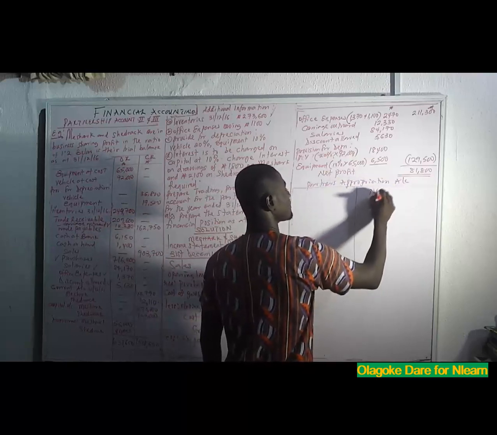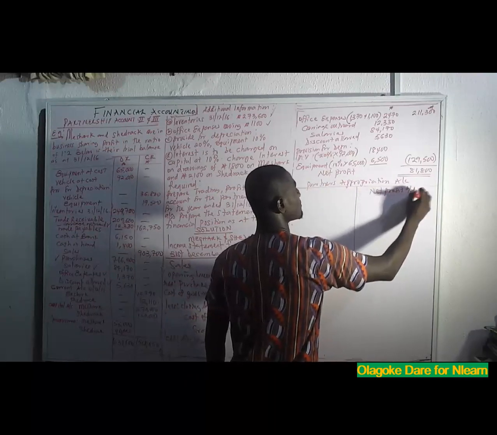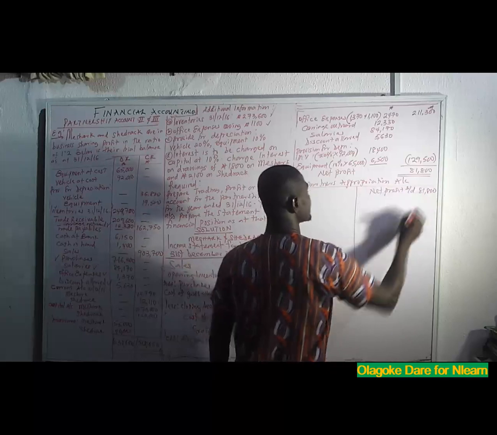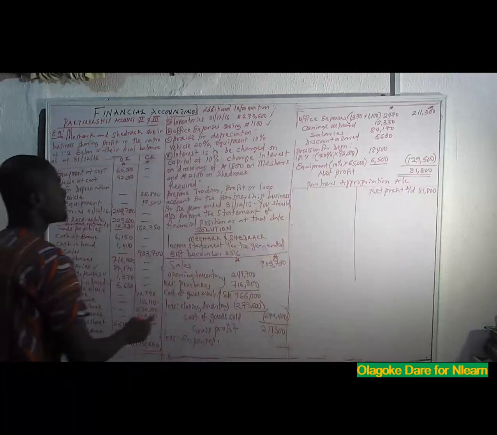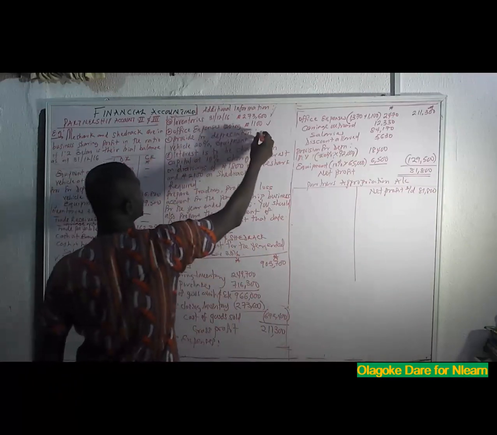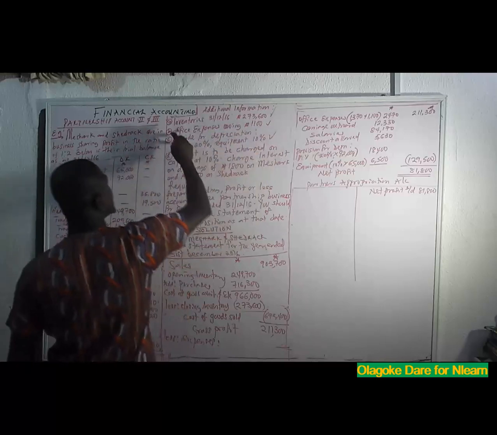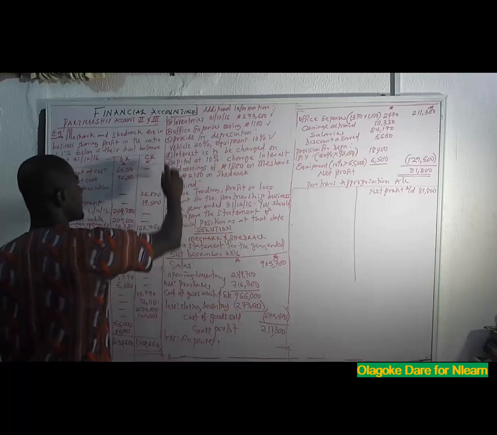We have our net profit brought down to be 81,800. According to the question here, we've answered A, B, C. Let's move to D.